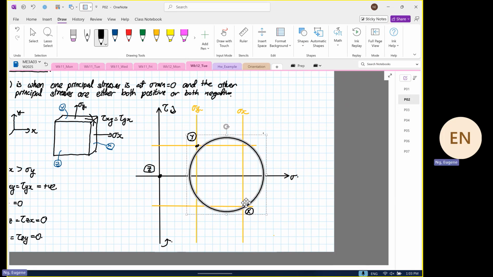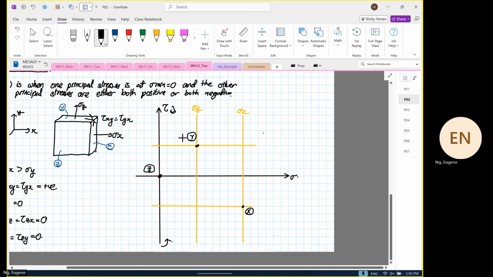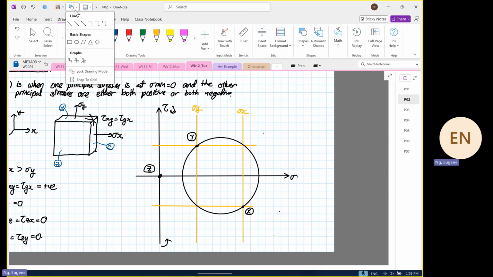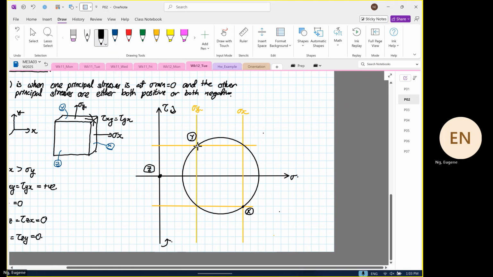Hey, hold on. I think I started off from the wrong center, that's why. Our Mohr's circle will look like this. And I'm going to draw a line across. Okay.